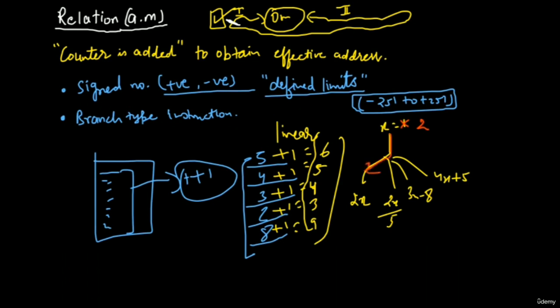Every branch has to change. That's what happened, and this is called a branch type instruction. I gave you the simplest version possible. Not necessarily this is happening, but who cares as long as the logic is satisfied, because ultimately we are studying the logic. So I told you this one.